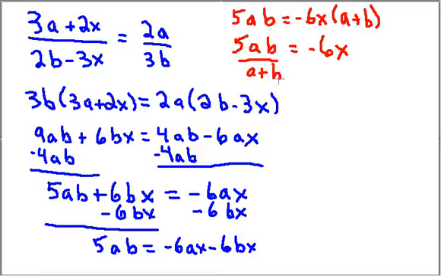Lastly, to get the x by itself, we need to divide both sides by negative 6. So we divide the right-hand side by negative 6. That's just going to leave us with an x. And then the left-hand side is going to be 5ab over minus 6 times a plus b.